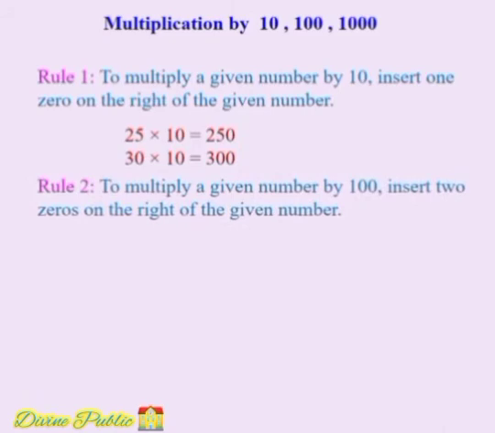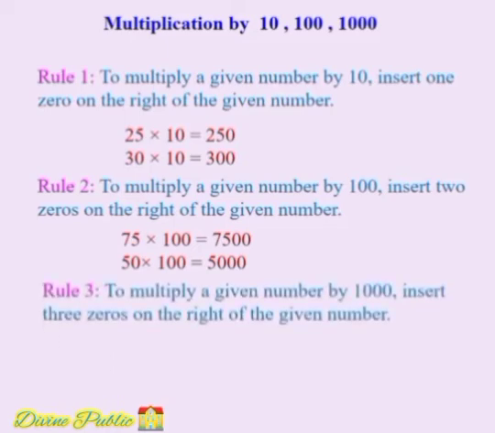To multiply a given number by 100, insert 2 zeros on the right of the given number. For example, 75 multiplied by 100 equals 7500. 50 multiplied by 100 equals 5000. Rule 3. To multiply a given number by 1000, insert 3 zeros on the right of the given number. For example, 8 multiplied by 1000 equals 8000 and 33 multiplied by 1000 equals 33,000.